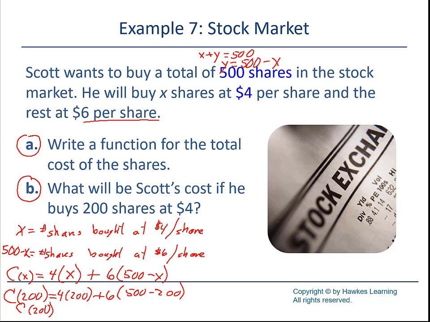For buying 200 shares of the $4 per share stock, with 800 here, and we've got 6 times 300, or 800 plus 1800. And that's how much he's going to pay if he buys 200 shares of the $4 per share stock.